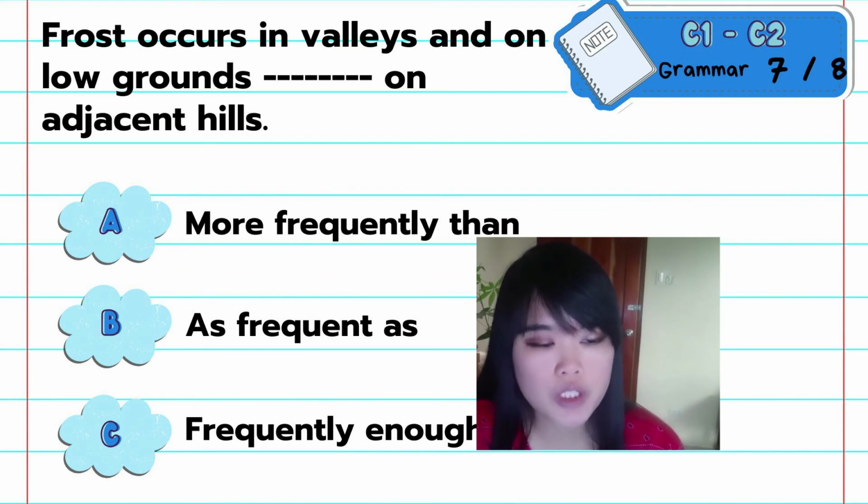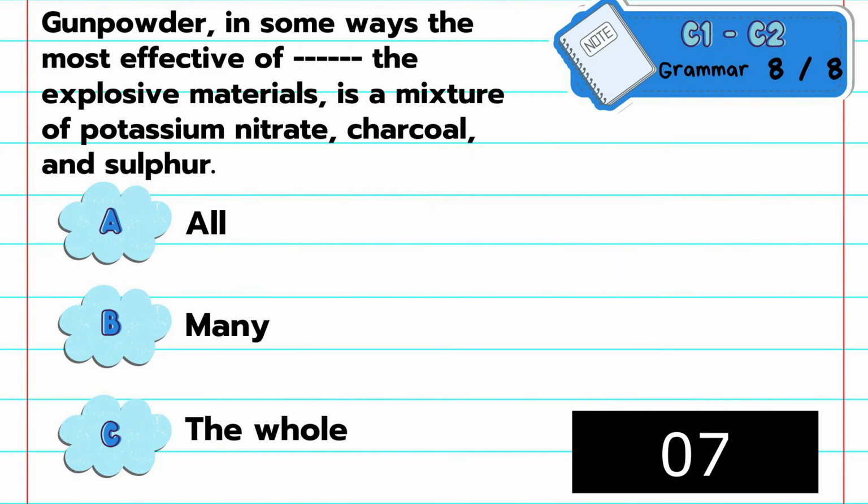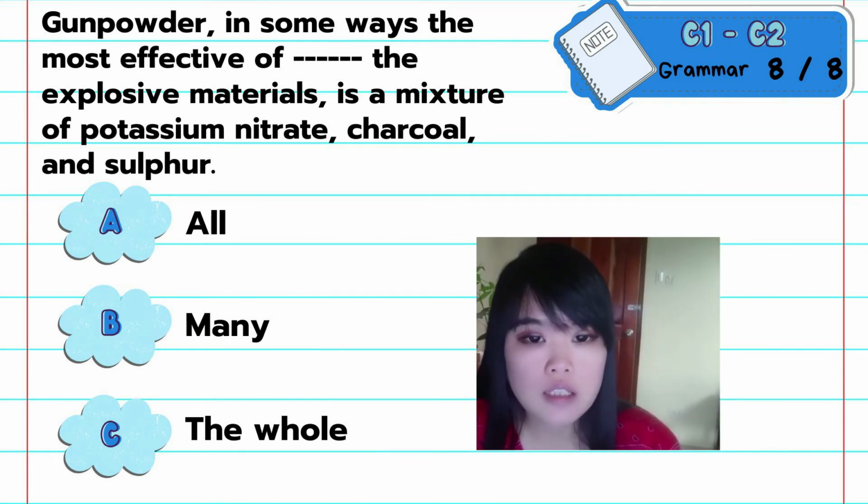A. More frequently than. Frost occurs in valleys and on low grounds more frequently than on adjacent hills. A. All. Gunpowder, in some ways, the most expensive of all the explosive materials, is a mixture of potassium nitrate, charcoal, and sulfur.